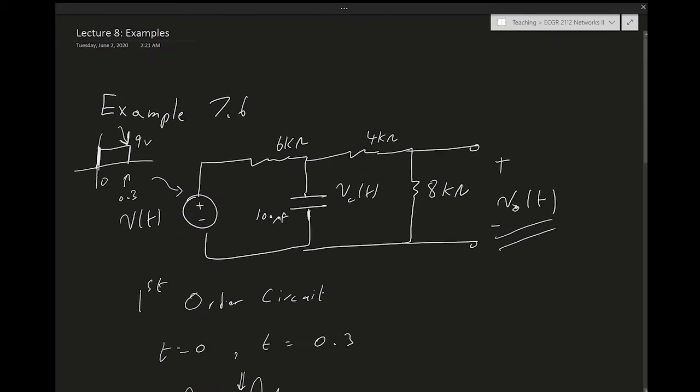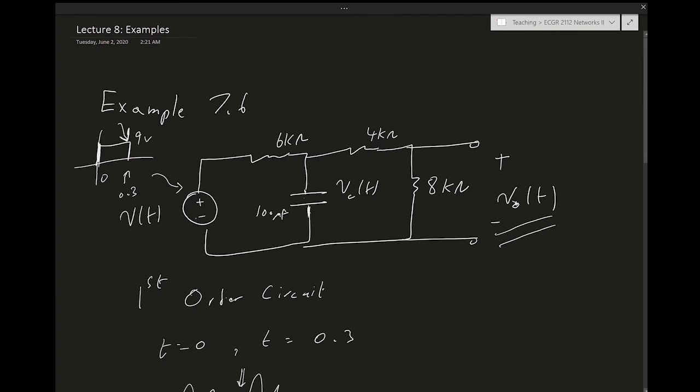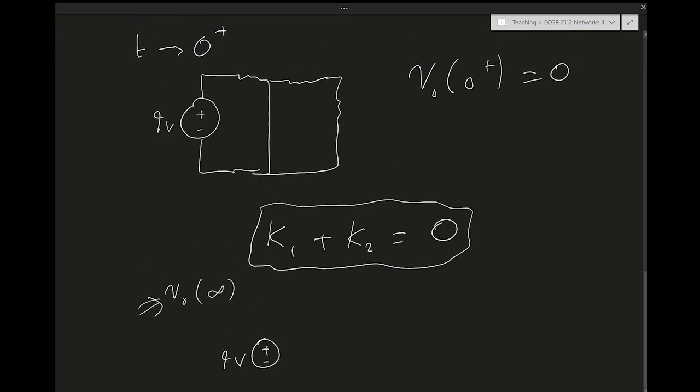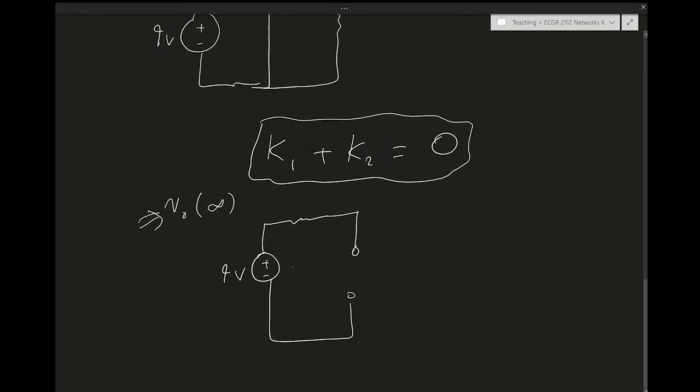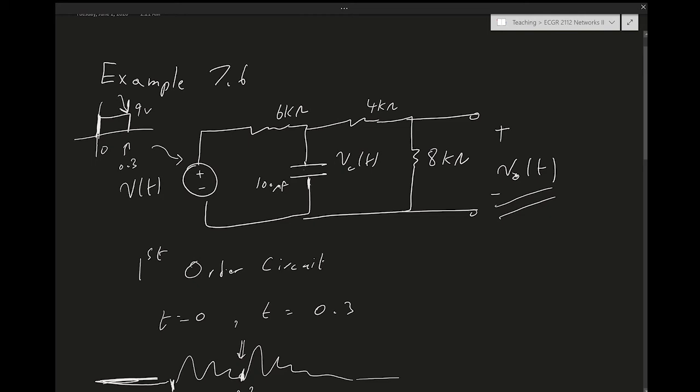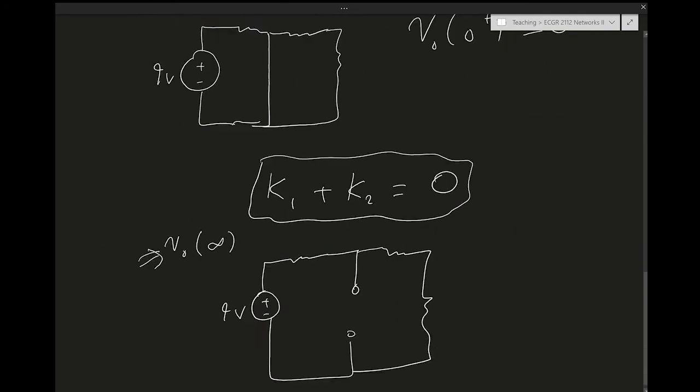At that steady state, the voltage is still going to be 9 volts. The capacitor is still going to be open, so we have a resistor divider, and the values are 6, 4, 8.